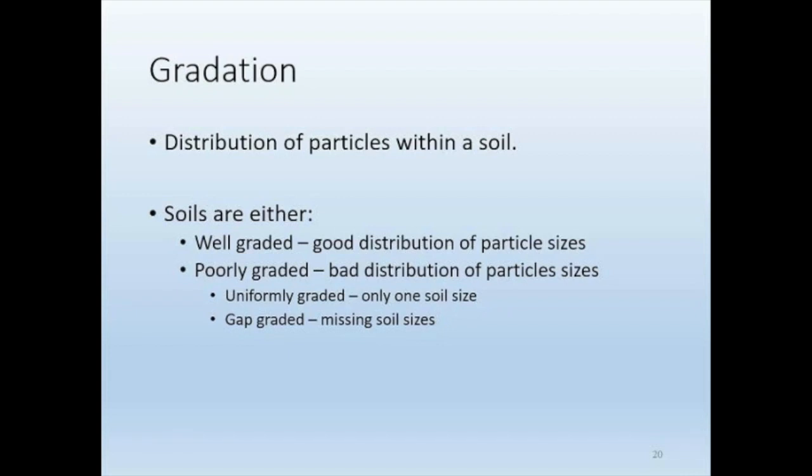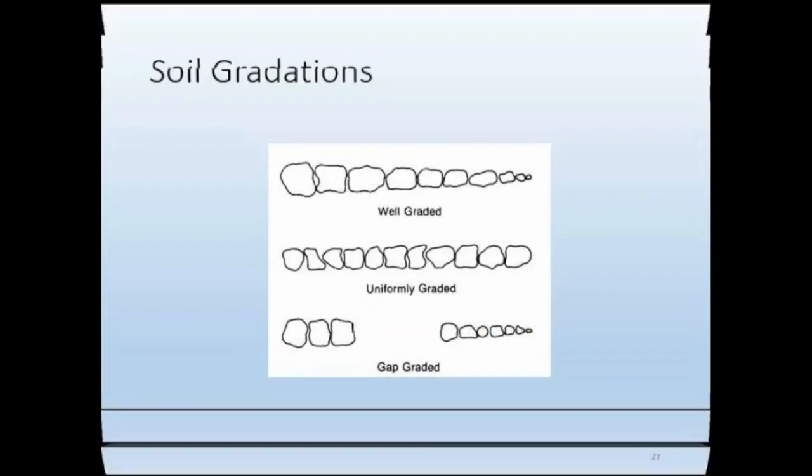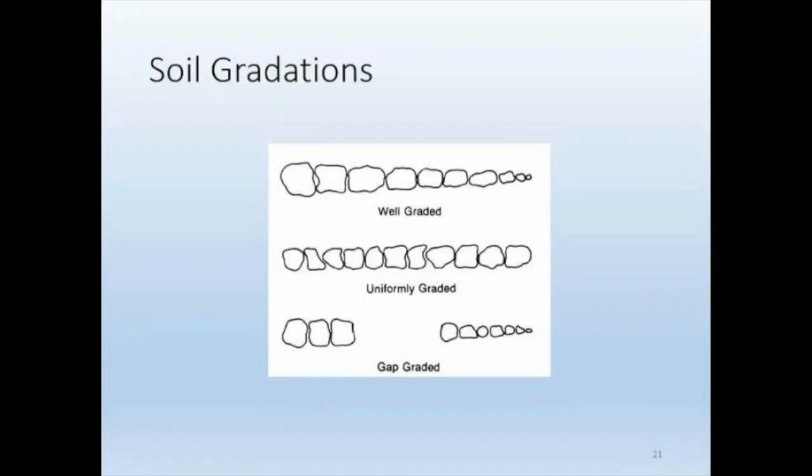Gap-graded sands, that's something that the concrete industry loves, but isn't really in play here. So my well-graded sand or my well-graded soil has particles of all different sizes. We got big ones, we got small ones, and they all fit together. And the small ones start to fit in the holes between the big ones. And so we don't get good drainage.